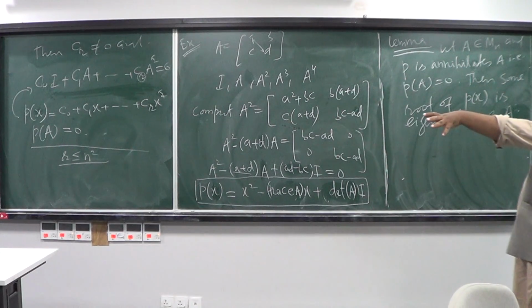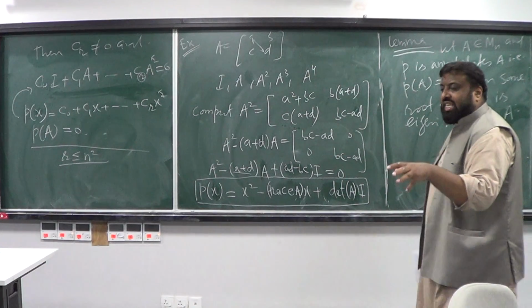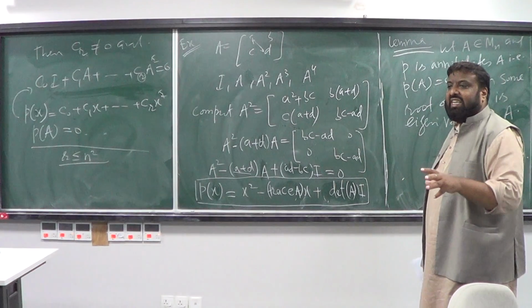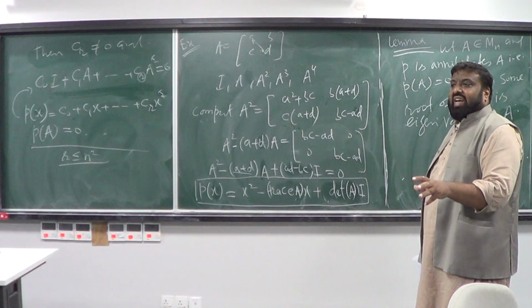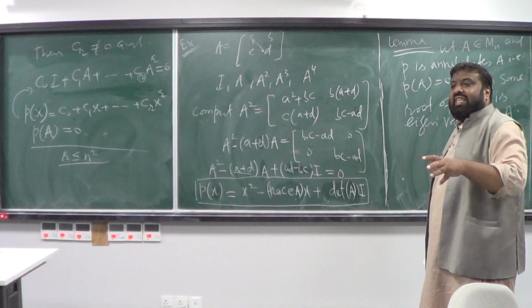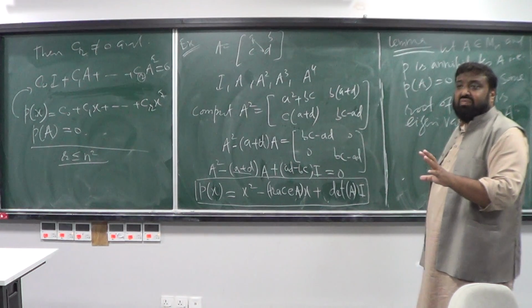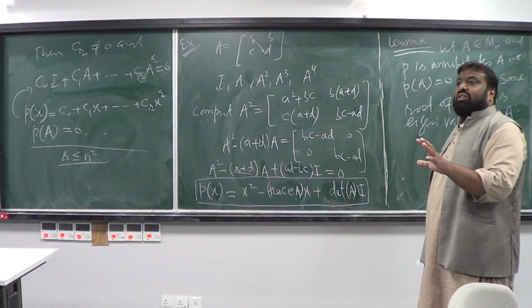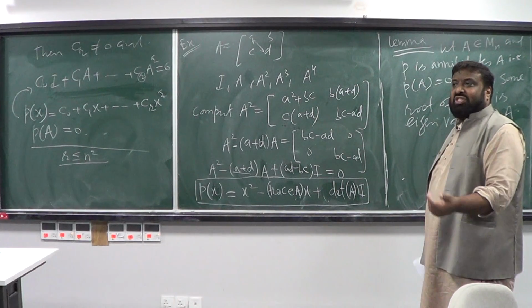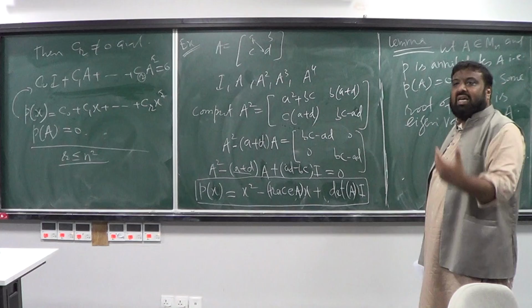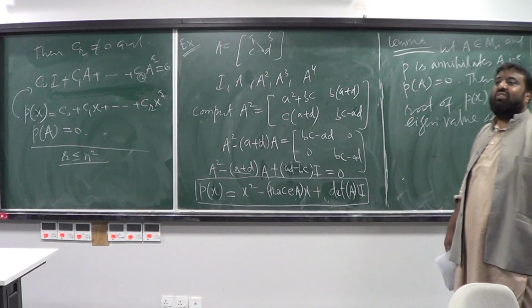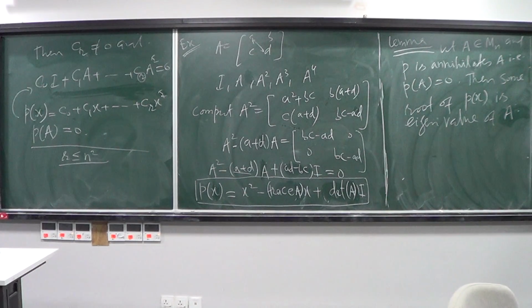Because the previous lemma told you that every square matrix has an annihilating polynomial, and this lemma is telling you that in that annihilating polynomial there must be at least one eigenvalue. So therefore we deduce that A must have at least one eigenvalue. So every matrix A has an eigenvalue.